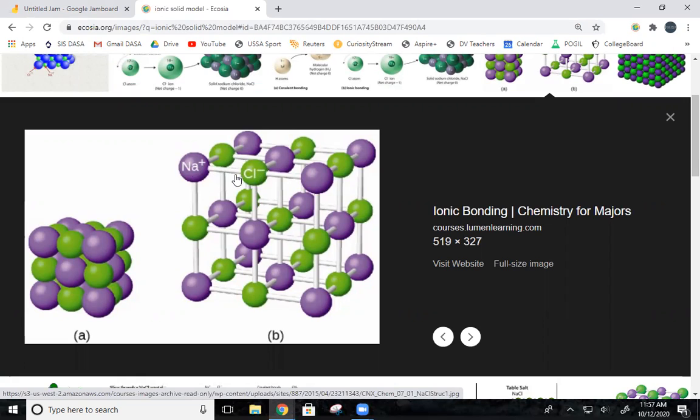So not only do they make the lattice structure in two dimensions, but also in three dimensions. So you go sodium, chlorine, sodium, sodium, chlorine, sodium, and the pattern repeats in all directions. That's really all that they want us to understand from this topic.